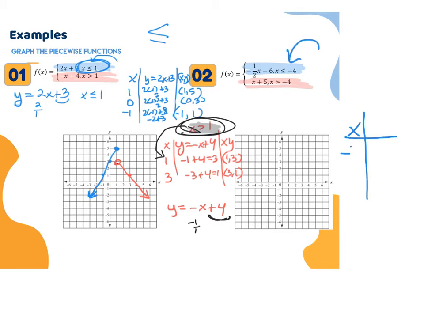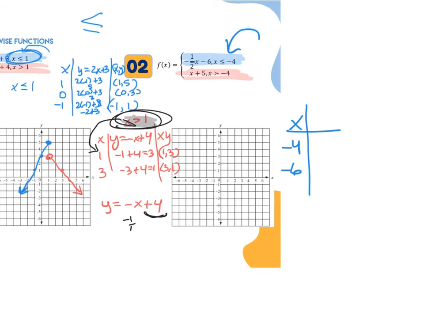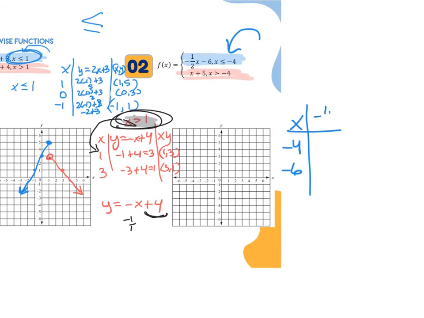One of the numbers has to be -4, and then the other one has to be less than -4. I'm going to do -6. So -1/2 x minus 6. So half of -4 is +2, minus 6 is -4.